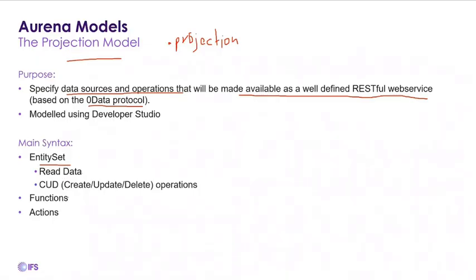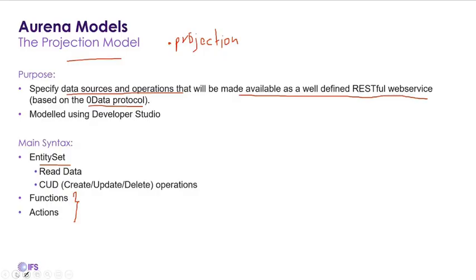Other than that, we have two more syntaxes that we will discuss further in our training in future: functions and actions. We will discuss these later, but just to give you an idea, these are the main syntaxes we will use with projection.